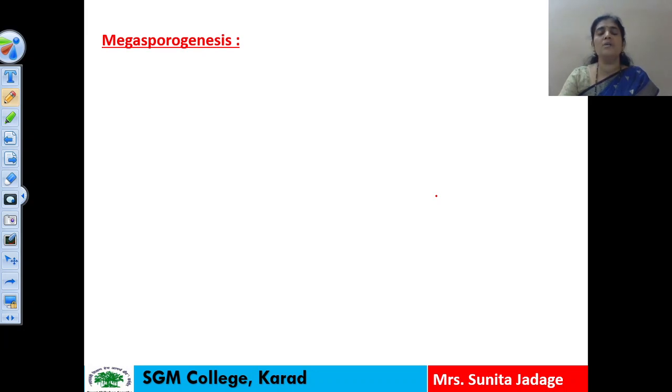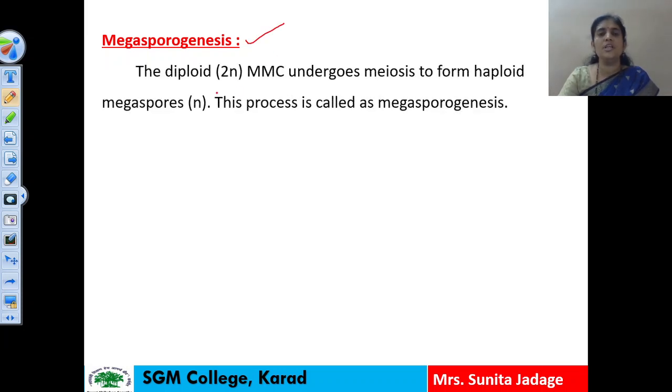Now how this embryo sac is formed, that we have to see. The process, that is the formation of megaspores from the megaspore mother cell, is known as megasporogenesis. So here the diploid megaspore mother cell undergoes meiosis to form haploid megaspores, and this process is known as megasporogenesis.